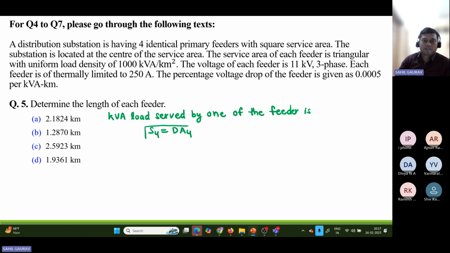Take the help of this expression and you will get the answer. S4 we got from the previous problem as 4763.14 kVA.